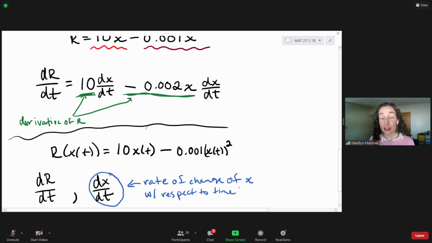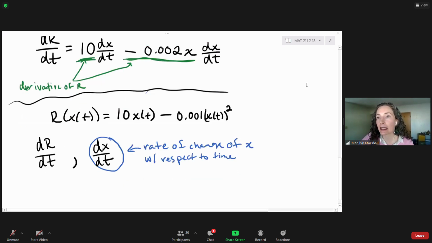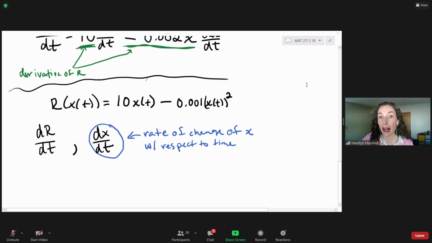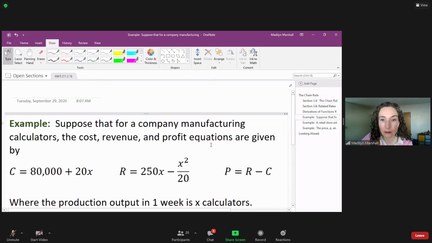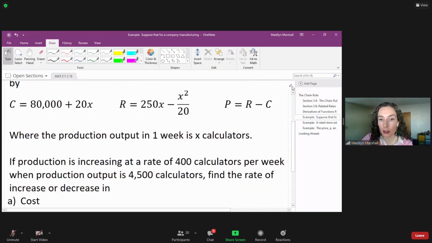We're about to look at an example where we put all this stuff together. When we're using these equations, dx dt is a whole part. That's like its own variable piece. dr dt is its own part, and x is its own part. So let's look at an example of how we can use these to actually find some information.